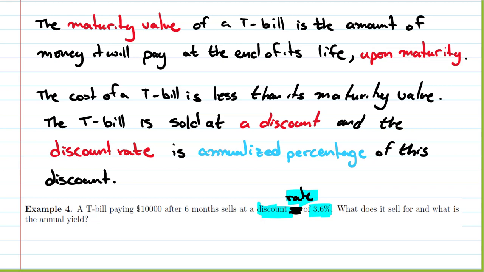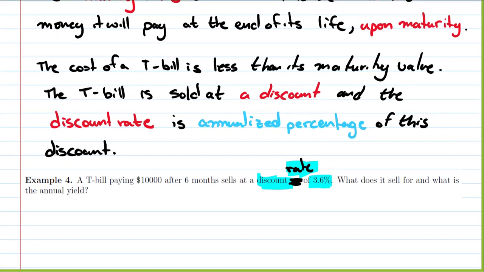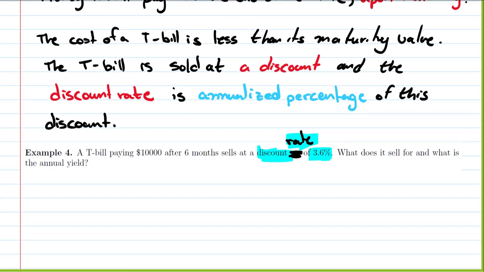So since this is a 6-month T-bill, the term is 6 months, or 1/2 of a year, right?